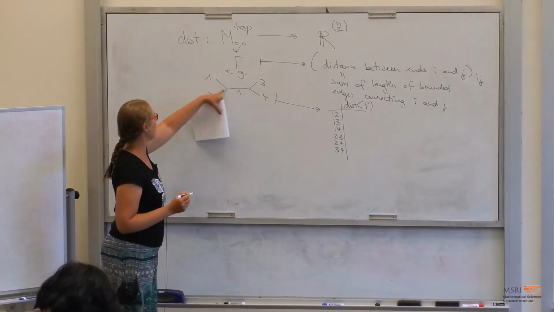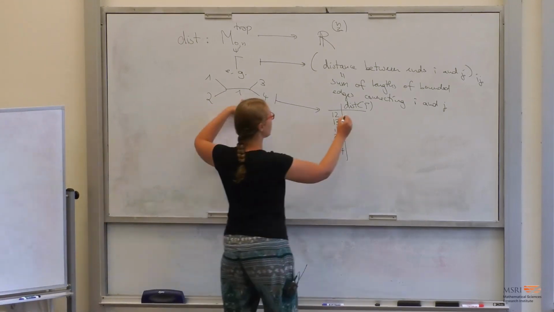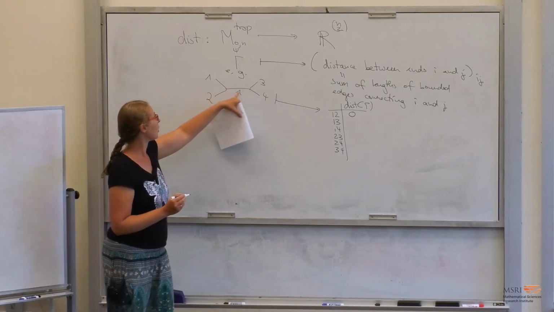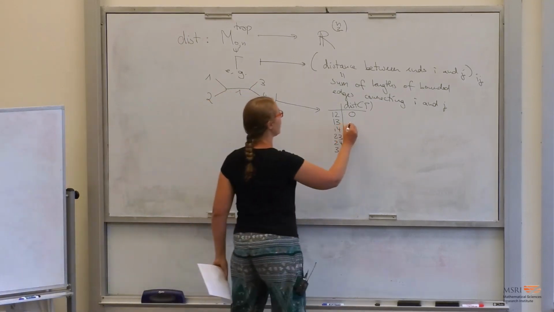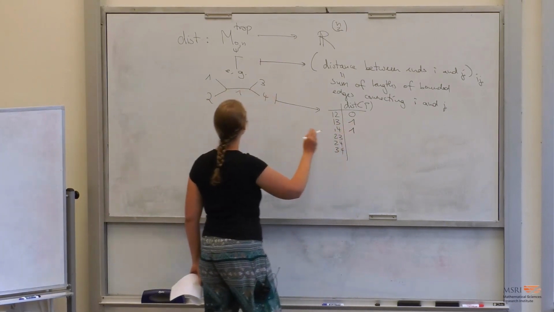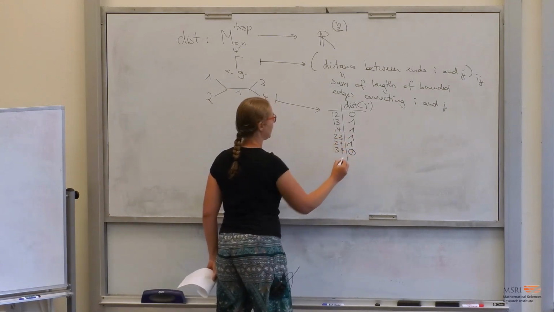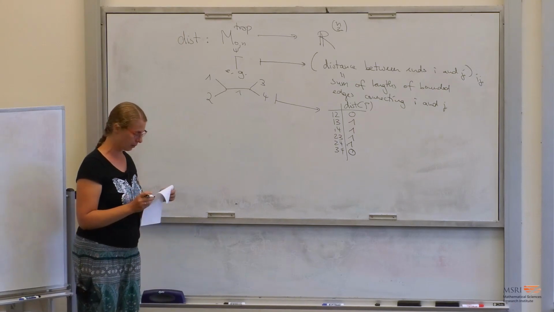Ends 1 and 2 sit precisely together at one vertex, so I don't need to cross any bounded edge. The distance is 0. If I go from 1 to 3, I have to cross over that one bounded edge of length 1. If I go from 1 to 4, the same. 2 to 3, the same. 2 to 4, the same. And 3 and 4 are sitting right next to each other, so that's 0 again.